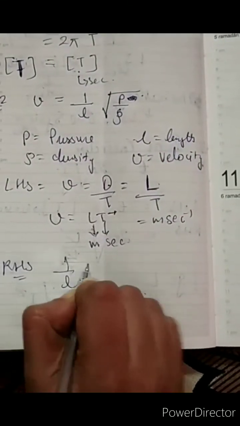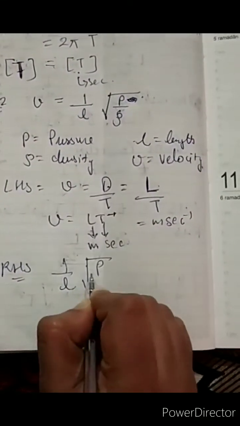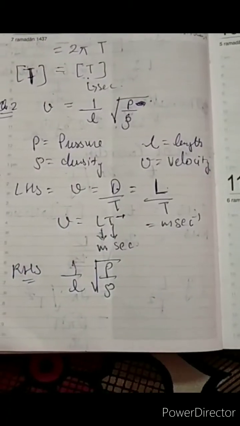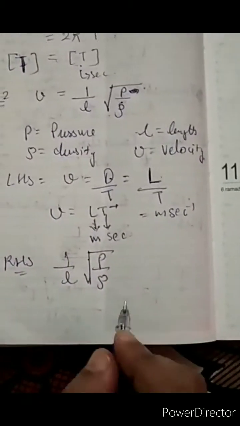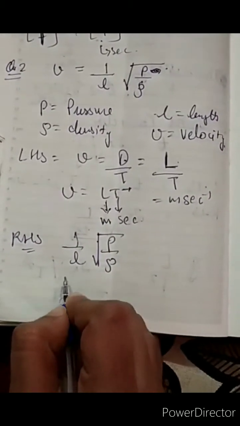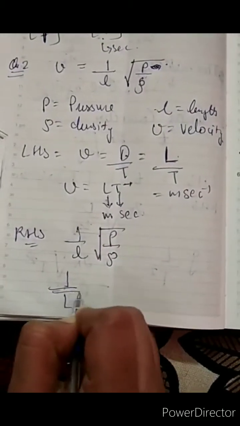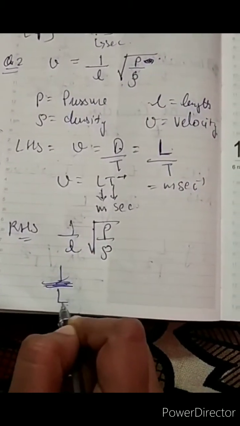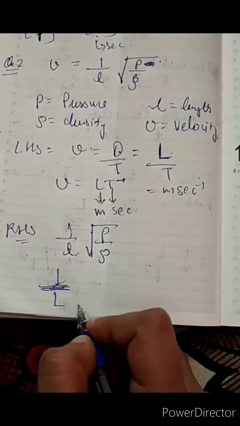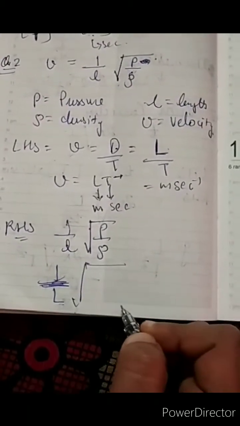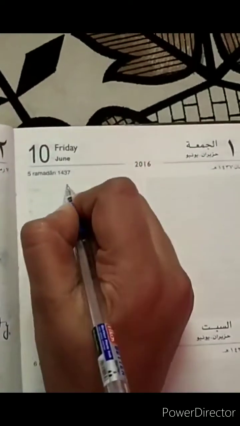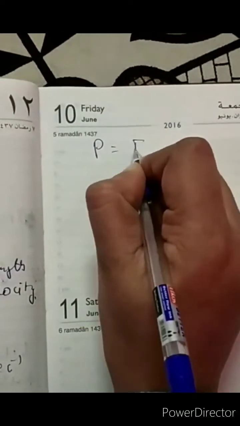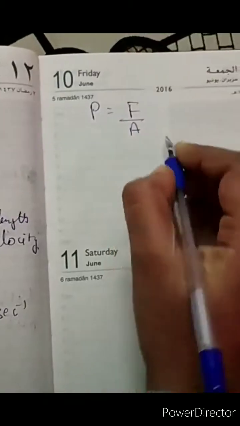What is the RHS? They have given us 1 upon length under root of P upon rho. Length has the dimensional formula capital L. Now pressure. What is pressure? Pressure is force per unit area.